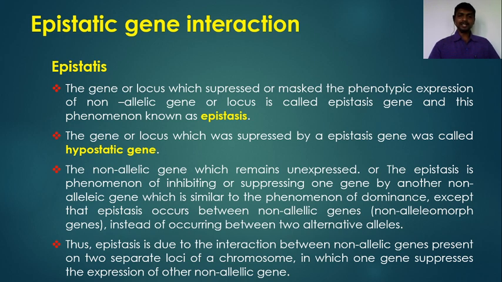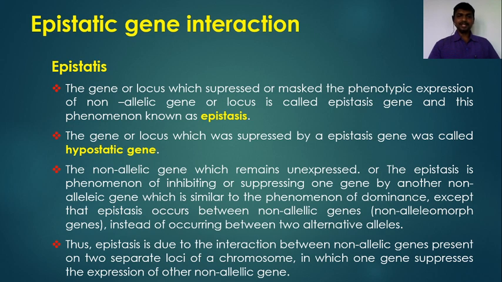So epistasis is the phenomenon which occurs between the non-allelic genes instead of occurring between two alternative forms of the gene, that is the allele. Here is the gene which suppresses or masks the phenotypic expression of the non-allelic gene. Such a gene is called the epistatic gene, and this phenomenon is known as epistasis.